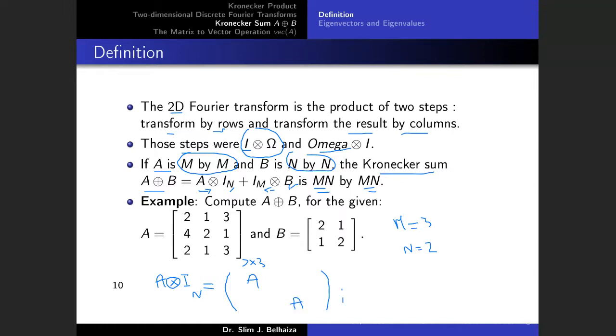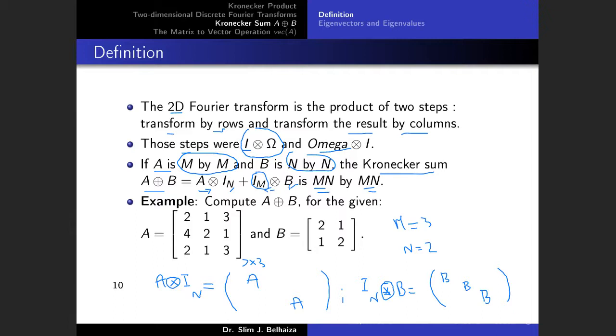Now, if I take the identity matrix of size m, which is basically 1, 1, 1 on the diagonal, and multiply by B, what do I get? Im Kronecker B gives the following matrix. Basically, you're going to have B, B, B. Don't forget, every B has 2 rows.